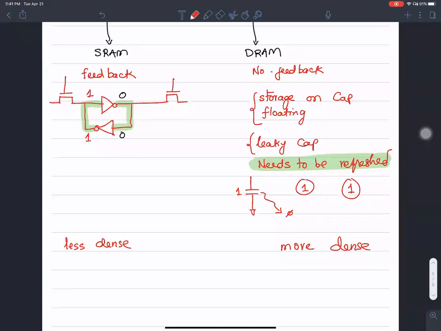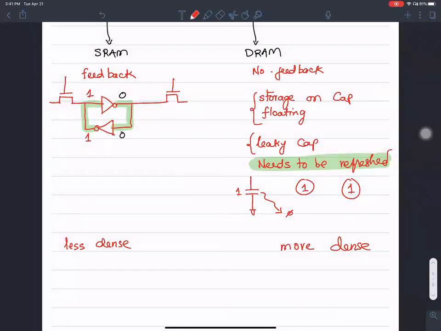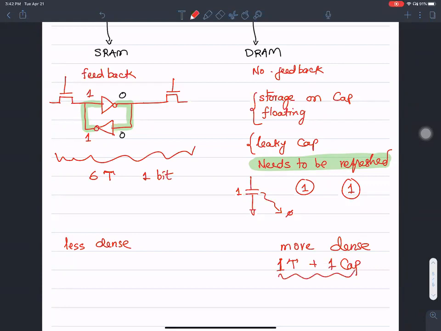So we are building from the ground up the idea of SRAM and DRAM. All of these apparatus, 6 transistors, are necessary to hold 1 bit of data, while DRAM uses only one transistor and 1 cap, which can also be implemented using a transistor. So this is more dense, and this is less dense.